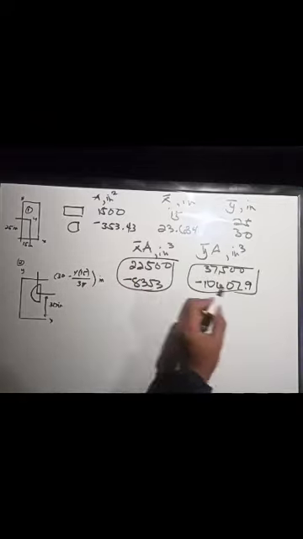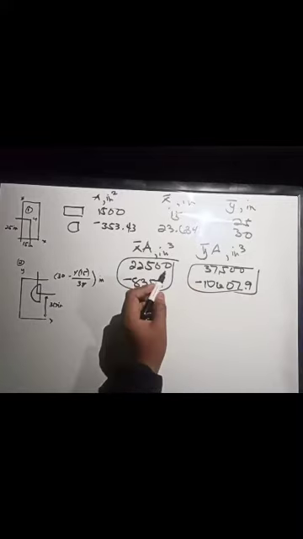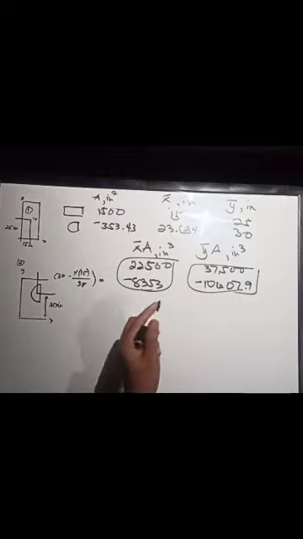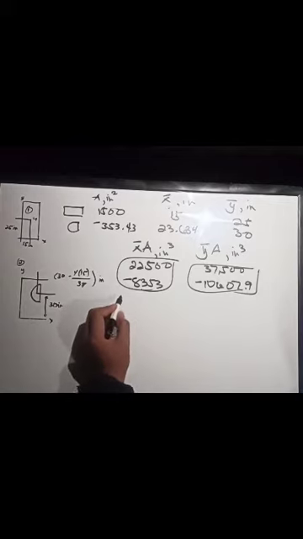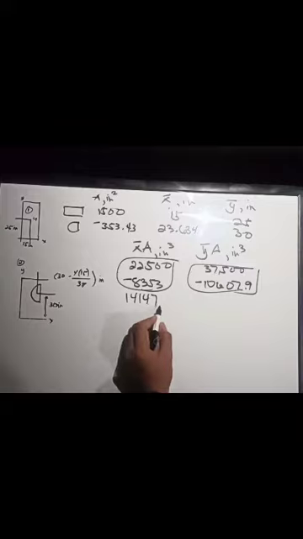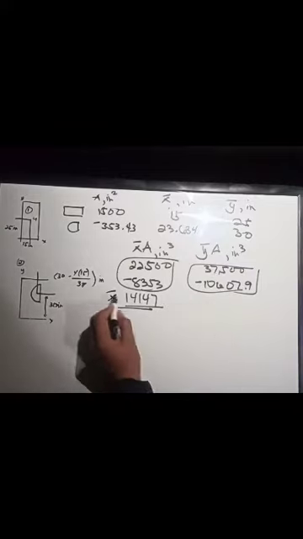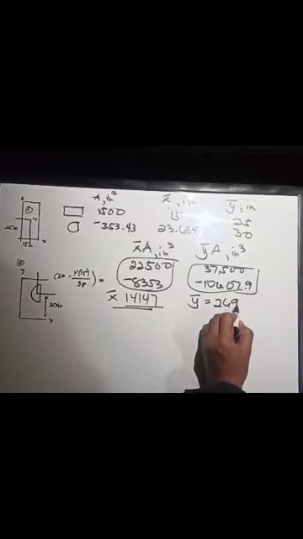Itong dalawa na to ay kukunin natin yung mga solution nila para mamaya kunin natin yung x bar at y bar. Sa x bar meron tayong 14,147. Sa y bar meron tayong 26,987.